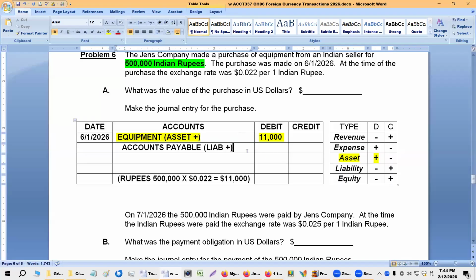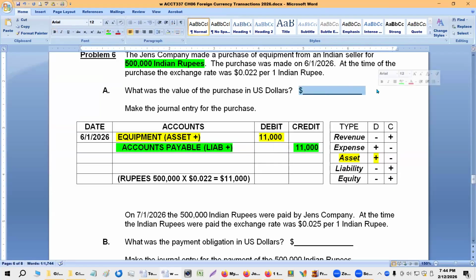I'm going to shorten liability because I know it'll mess up my spacing. So as of this point, we owe them 11,000. This is worth 11,000.